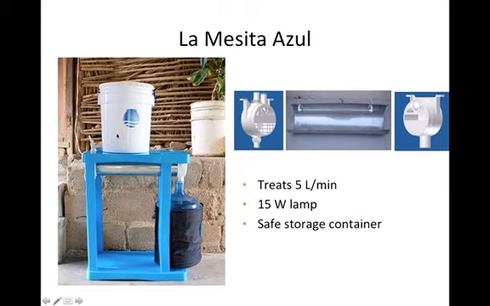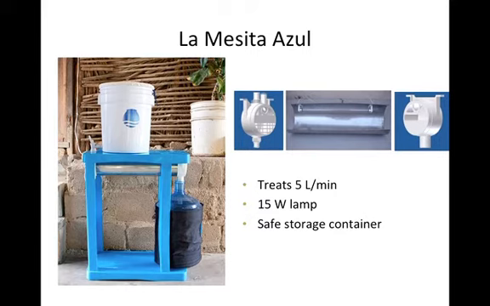And the water in this region is pretty clear, not a lot of turbidity, so it's well suited for treatment by UV. They turn the lamp on in their mesita azul, and then they open the spigot here, and the water begins to flow through the UV tube, gets disinfected, and then goes into this storage container.